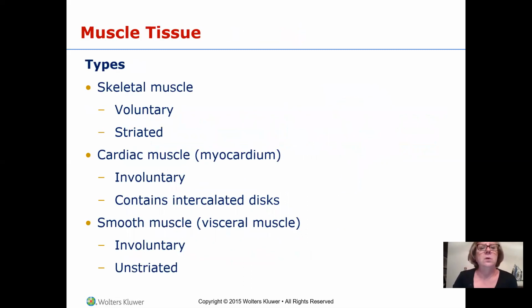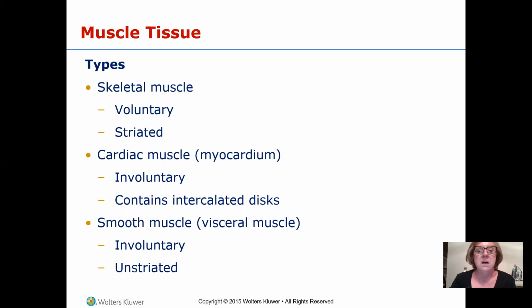So when we look at muscle tissue, they can either be skeletal, which is voluntary. You know, we have control over the movement of our muscles, our skeletal muscles. And when you look at them under the slide, they are striated, meaning that they look like they have lines in it.